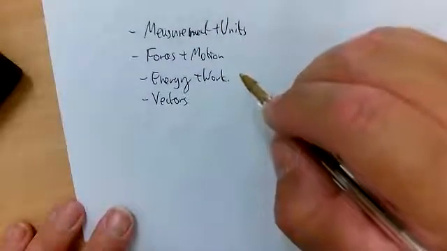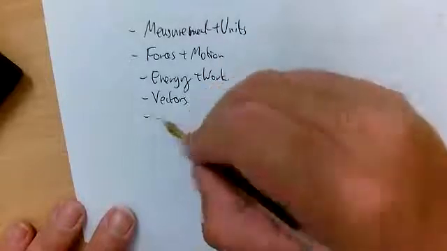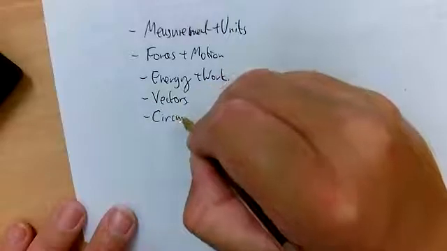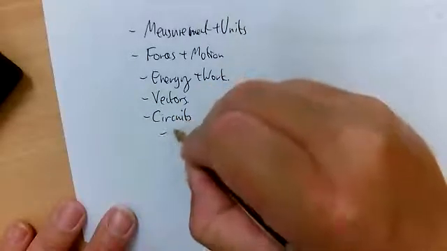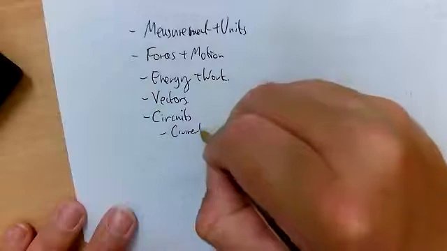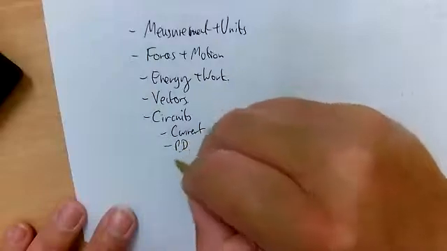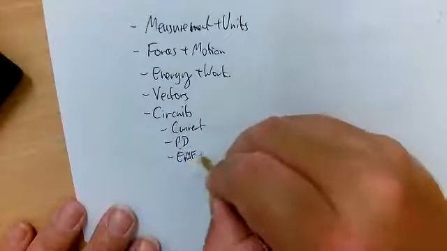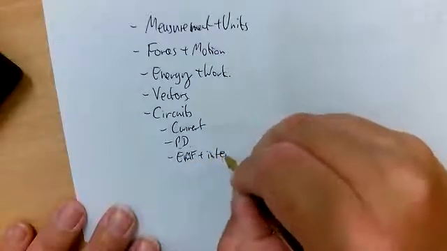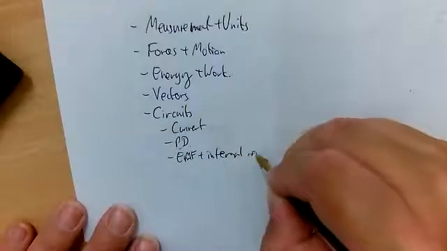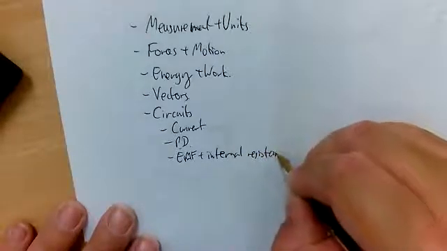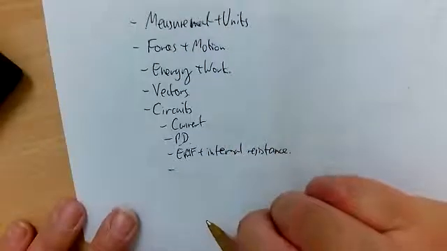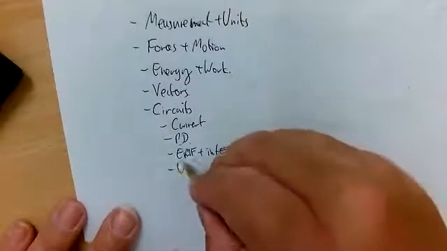What else have we got? You've then got your circuits, which include things like current, potential difference, EMF and internal resistance. There might be a little bit on electric fields, but just uniform fields.